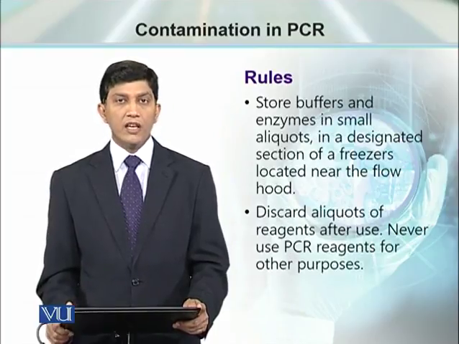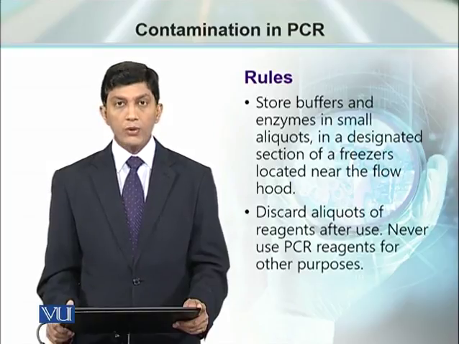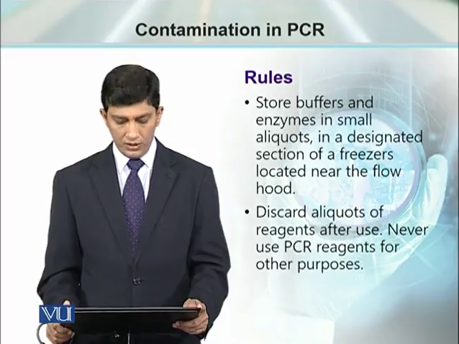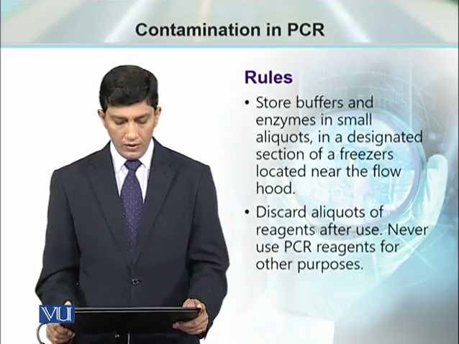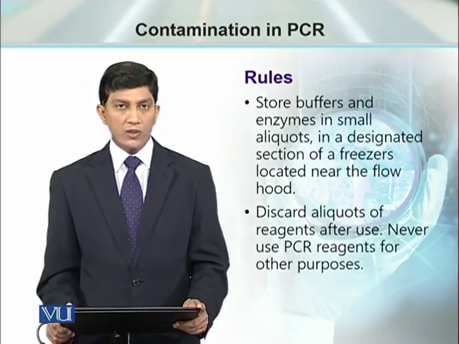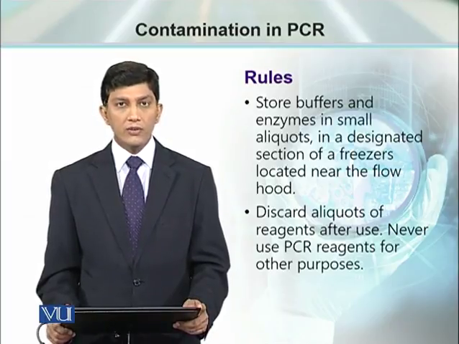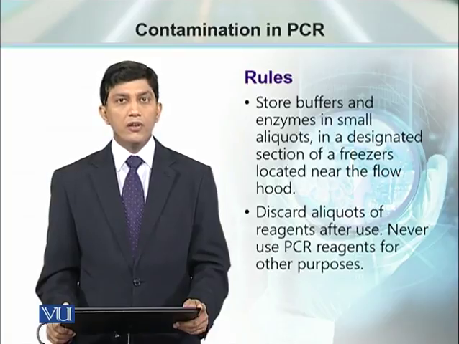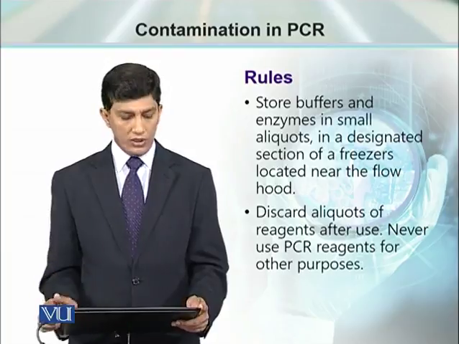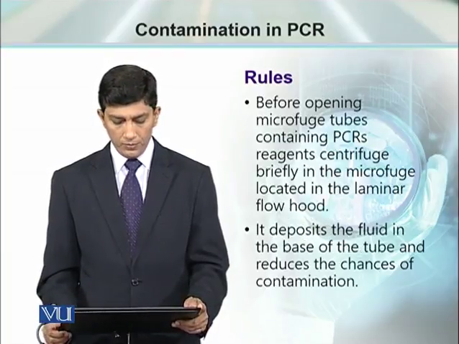The buffers, the enzymes, the kits, the aliquots which are required for PCR should be stored in a separate freezer, and in the form of aliquots, very small volumes which are required once. Don't refreeze or reuse the aliquots, just use whatever volume is required and throw the rest away.